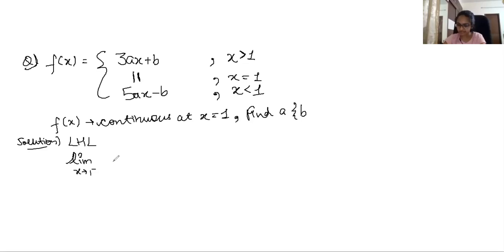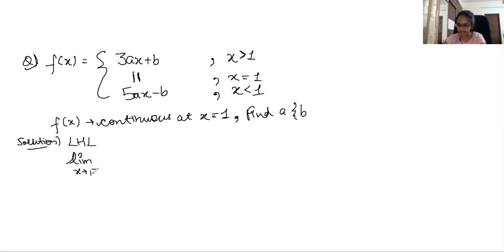Okay, I'll ask Shruti. So in this LHL case, which function will we write from these three? 3ax plus b, because that is greater than 1.